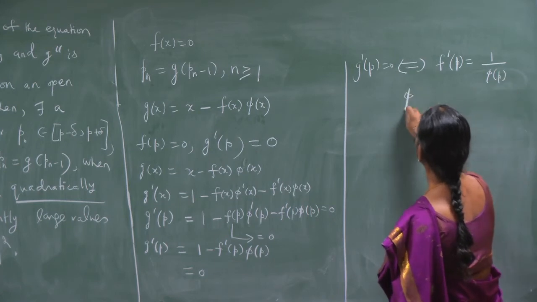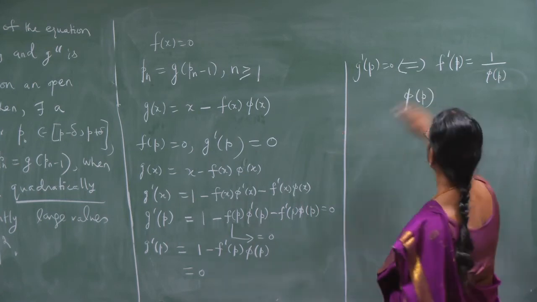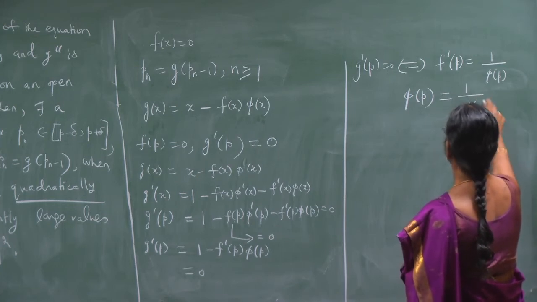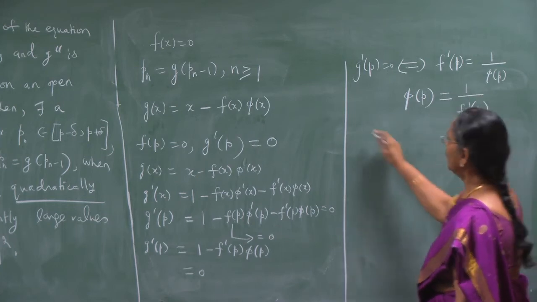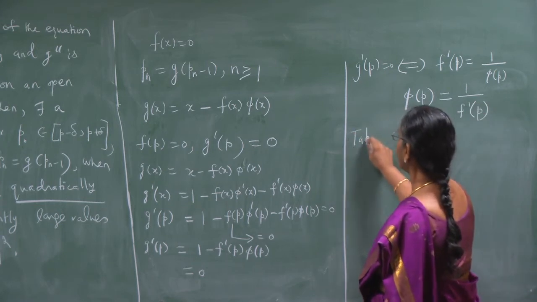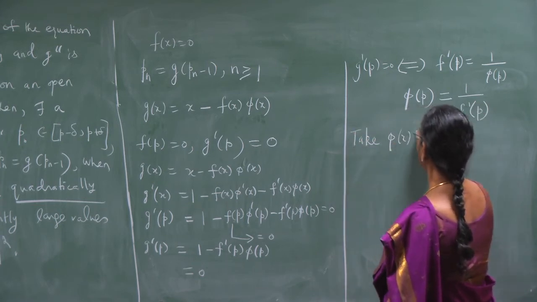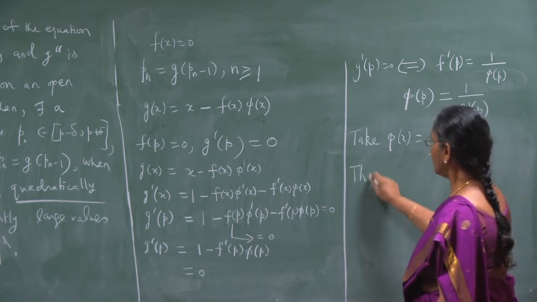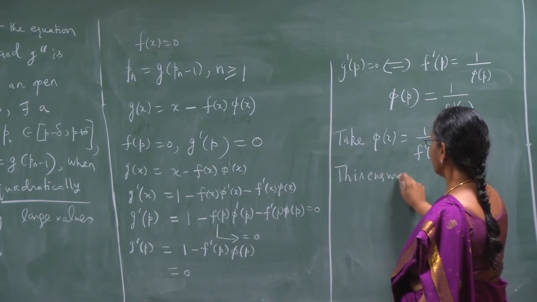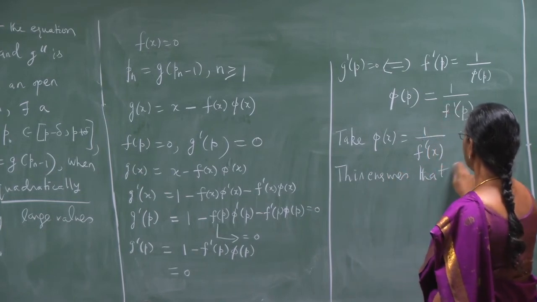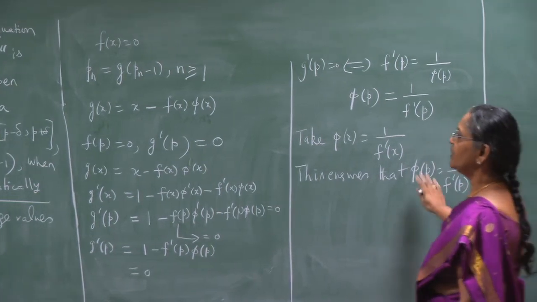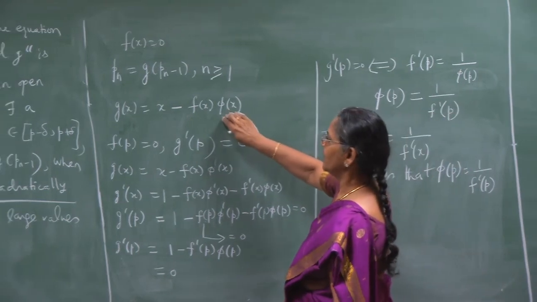But what do we want? We want to determine this function phi. So, phi of p is 1 by f dash of p. So, we take the function phi of x to be 1 by f dash of x, and this ensures that phi at p is 1 by f dash at p. So, we have determined this differentiable function phi of x.